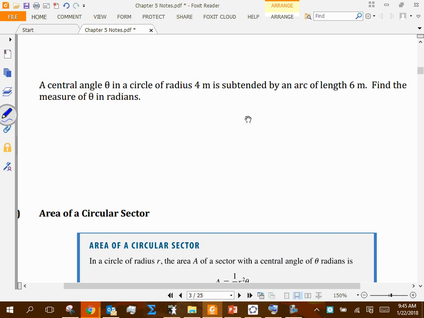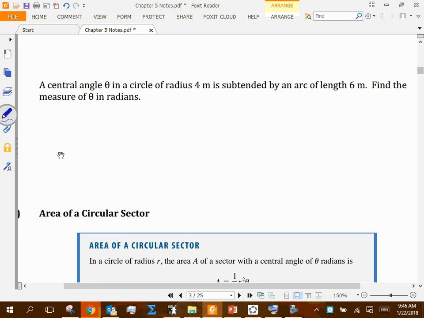That's the one that is most asked for. But just like distance equals rate times time, that's a formula, but don't we sometimes want to know time? Sometimes we want to know rate. Same thing here. Arc length is equal to R times theta, but sometimes we want to know what R is. Sometimes we want to know what theta is.